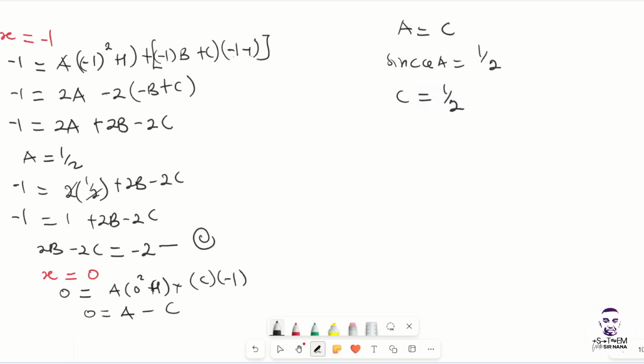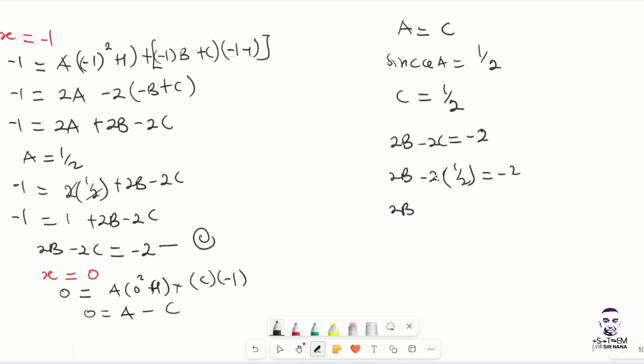So now that we have a and c, we'll consider equation 1. Equation 1 says that 2b minus 2c is equal to -2. We know that we have gotten our c already, which is half. So we substitute c into the equation. We have 2b minus 2 multiplying half equal to -2.